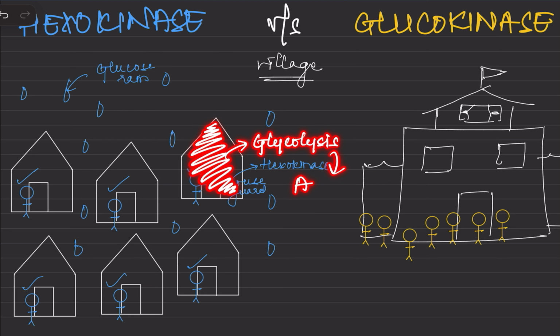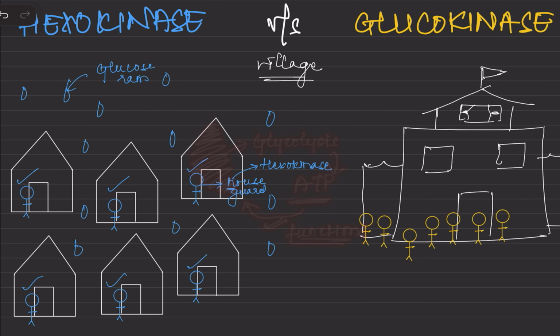Glycolysis will give it energy, which is ATP. With ATP, this house will be able to perform all the functions. Got it? So again, hexokinase is the house guard. Hexokinase will take glucose in and store it as glucose 6-phosphate. And this glucose 6-phosphate will be broken down to get energy. And with this energy, the house will perform all of its function.